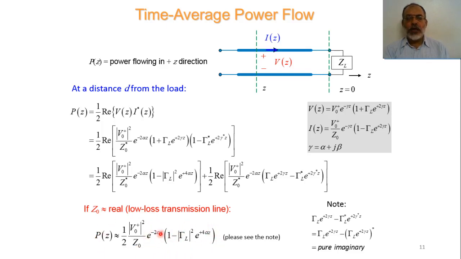If alpha equals 0, the forward propagating power is effectively the voltage squared over 2 Z0, and the backward propagating power is the reflection coefficient squared multiplied by the incident power. This is effectively the time average power flow in a lossy terminated transmission line.